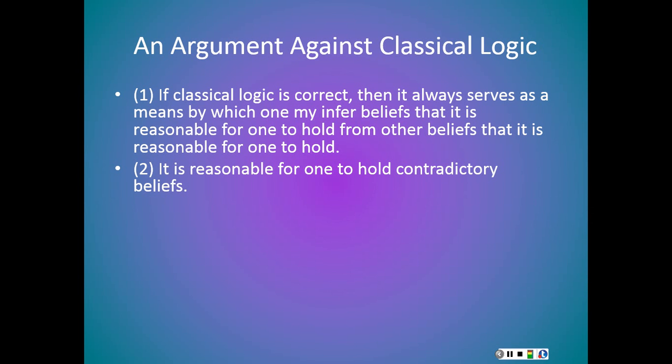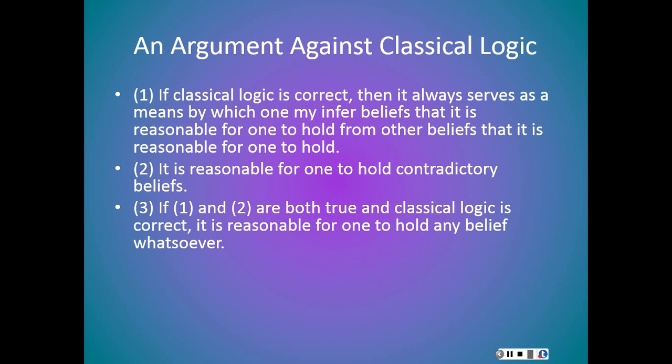And I'll give you an argument for that claim in a moment. So let's just put this premise aside for now and keep filling in the argument. Okay, third premise. If 1 and 2 are both true, and classical logic is correct, it is reasonable for one to hold any belief whatsoever.